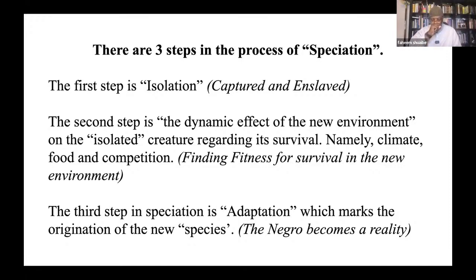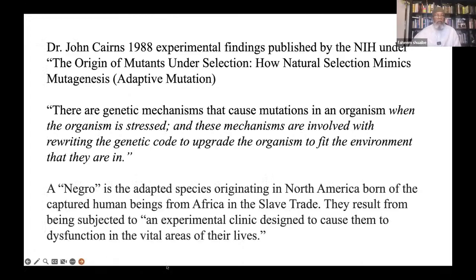Well, we didn't go back and we didn't die, so we adapted. And the product of that adaptation of these particular creatures is what we call the Negro. The Negro became a reality in this new environment.